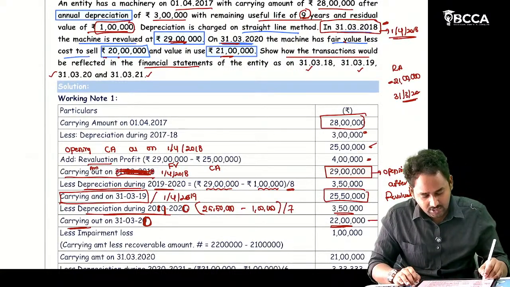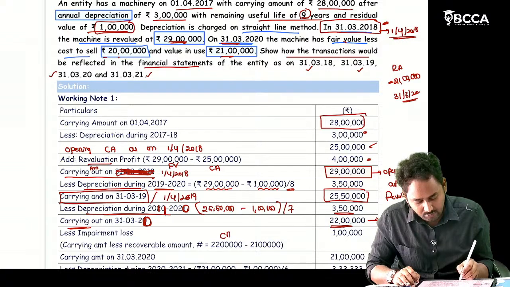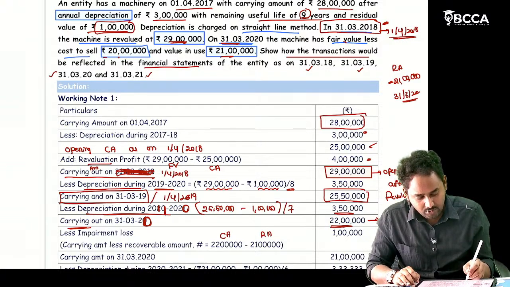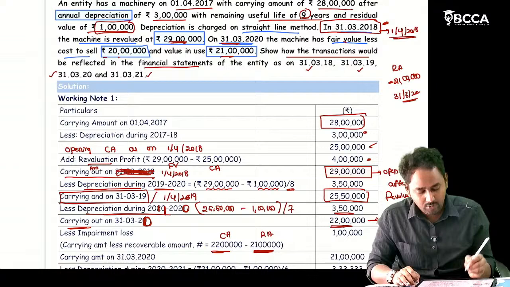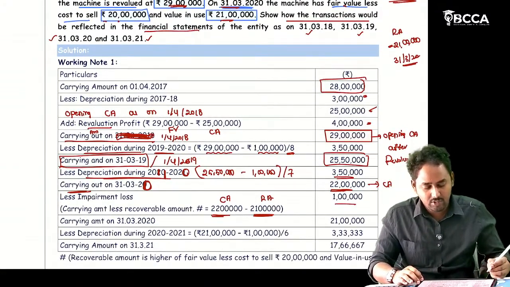So this is the carrying amount and this is the recoverable amount. Recoverable amount 21 lakh. What is the impairment loss? 22 minus 21, then it becomes 1 lakh.